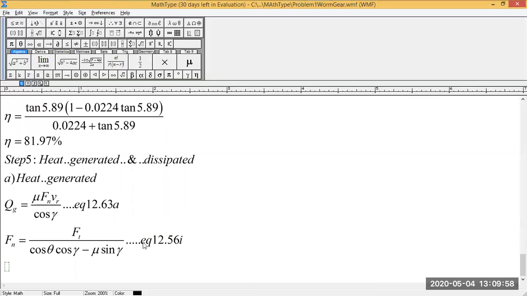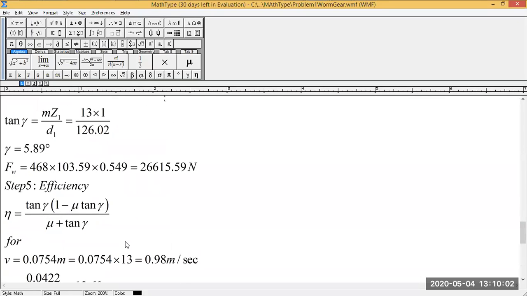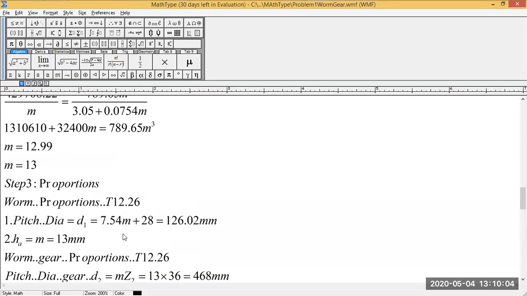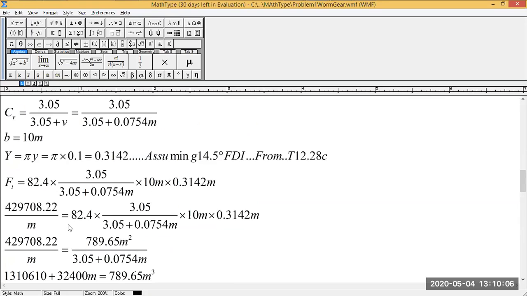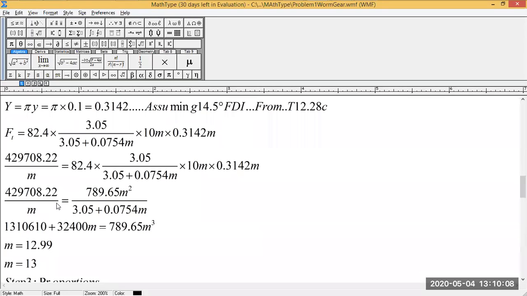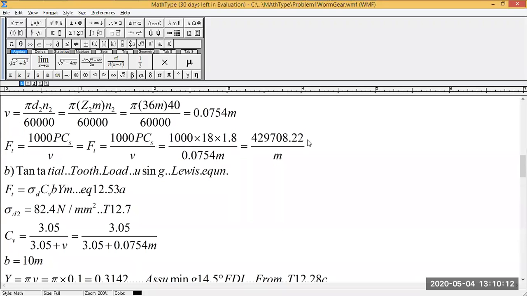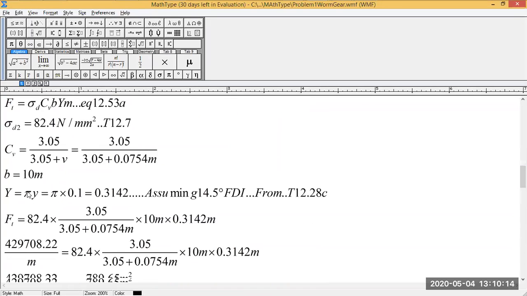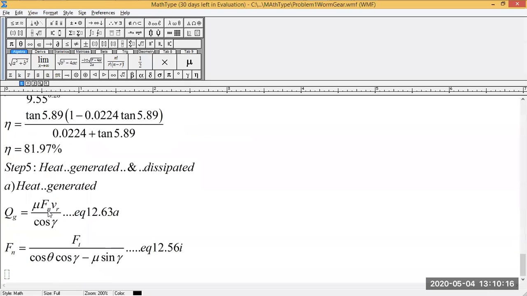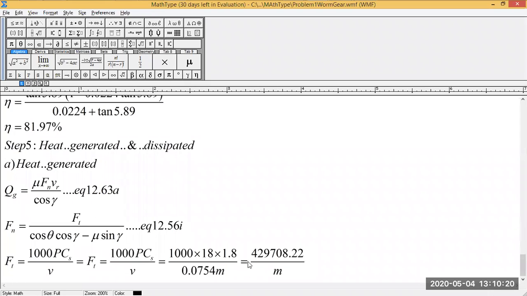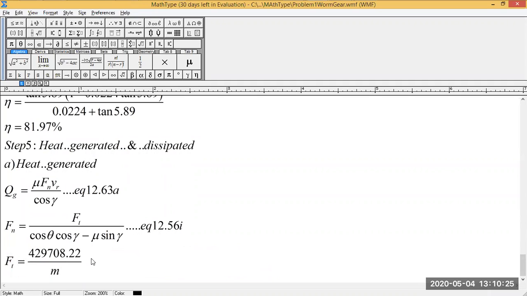Okay, let's calculate this. The Ft we already calculated. What is Ft? Oh, this is Ft. Okay, not calculated. Let me just copy the whole thing here. So Ft we have not yet calculated.